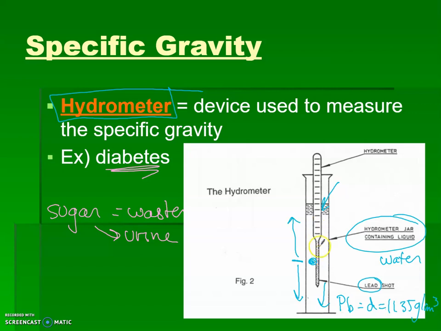So if they take some urine and put it into water, if it's completely fine and soluble, it will mainly just dissolve. But if it starts to sink down to the bottom, it means that there's a lot of sugar in it. And that could be an indicator that you could have some diabetes. Then they can go through and measure your sugar and all that kind of stuff and hopefully get you the treatment you need.